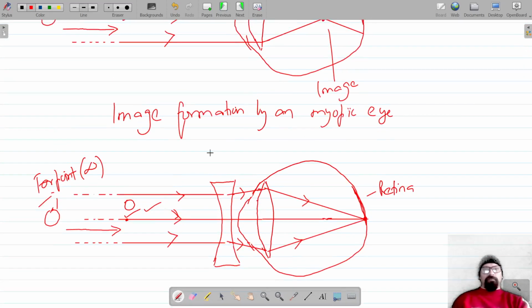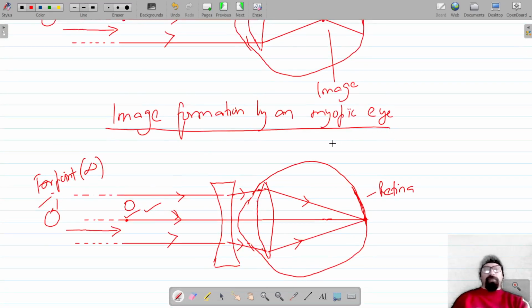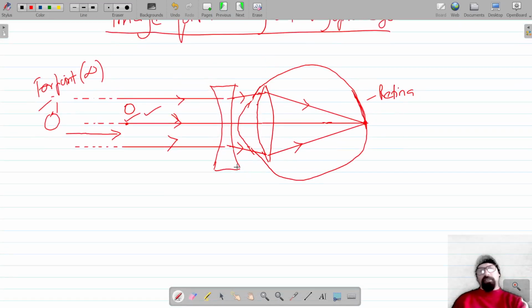Okay, so this was the image formation by a myopic eye, and this is the correction. So this is the correction of myopia.